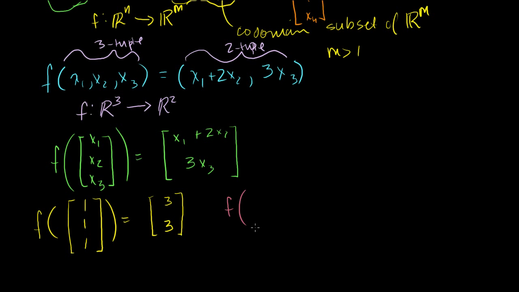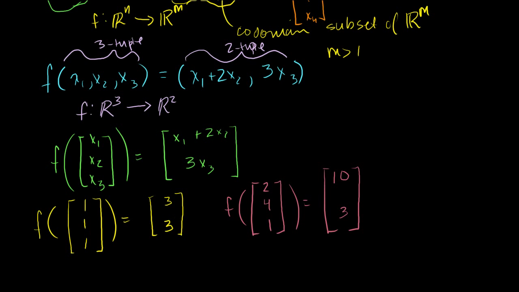If I take f of the vector in R3, 2, 4, 1, what do I get? 2 plus 2 times 4 goes to 10, and then 3 times the third term. So the vector 10, 3.